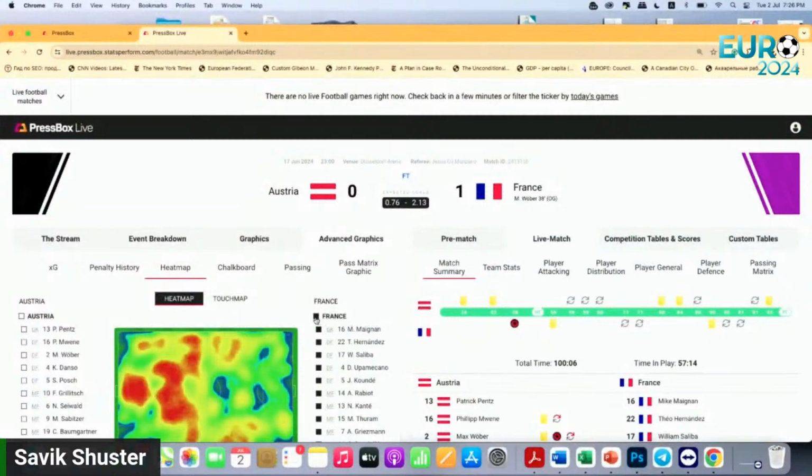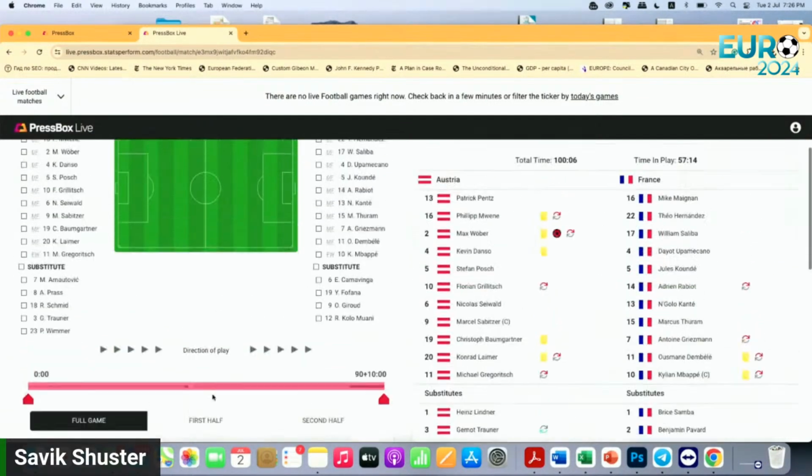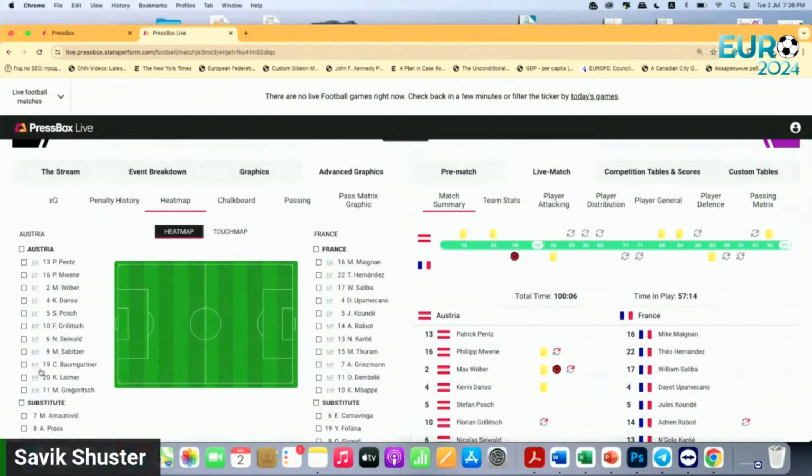So, and now let's have a look at the strong part, very strong part, I consider, of Austria. So if we take Sabitzer and Leimer, I'm not taking Baumgartner because Baumgartner does a big job, but here we take Sabitzer, and where's my dear Leimer?